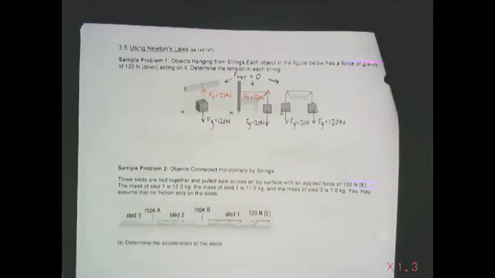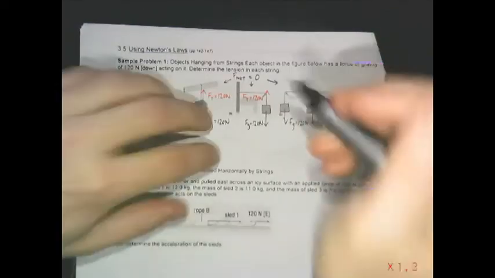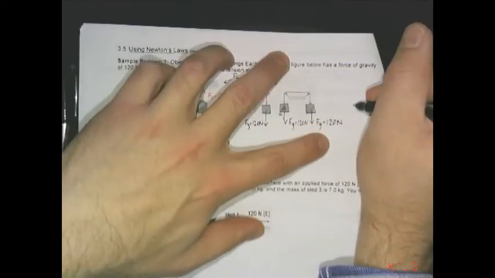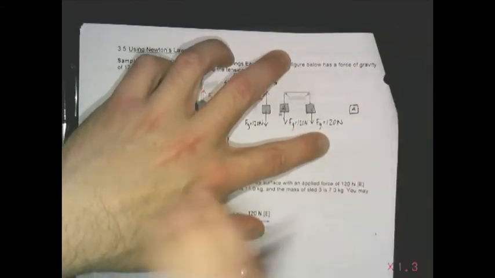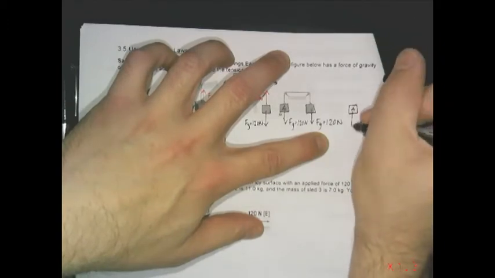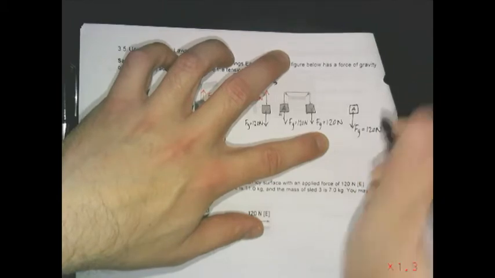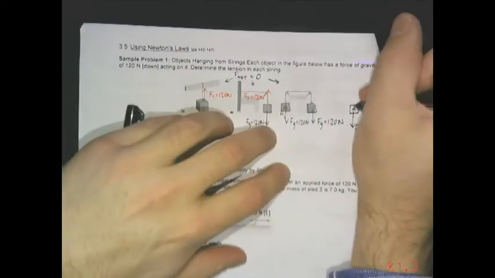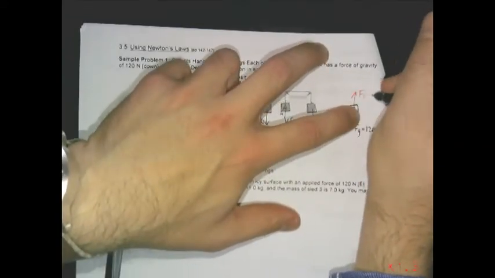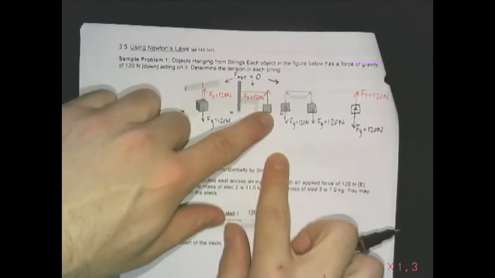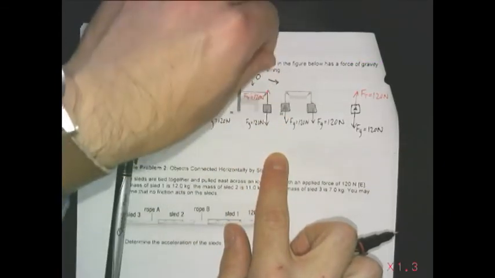If it's 120 newtons down, we'll call it A, and we'll draw a free body diagram of A, showing only the forces that act on A. For diagram A, we have gravity acting down, 120 newtons. What is the only other force acting on this object? Tension. Exactly. On this mass here, gravity is 120 newtons down, and tension is 120 newtons up.